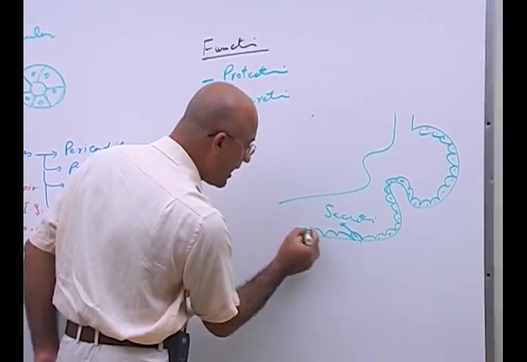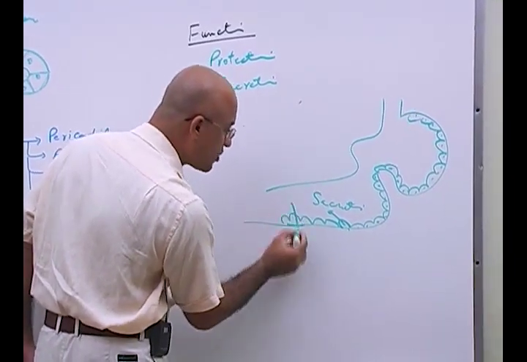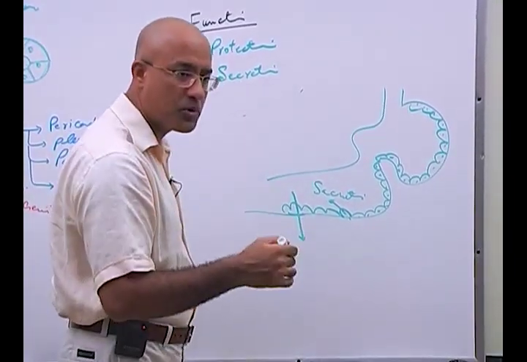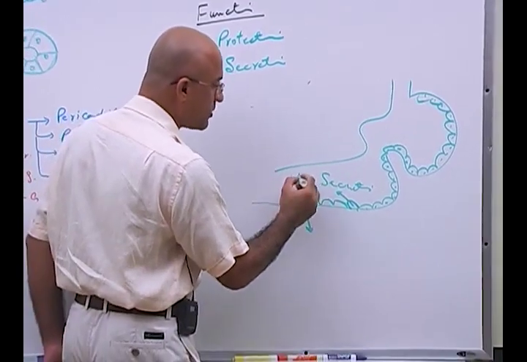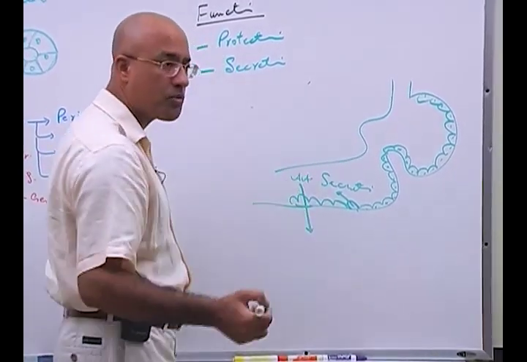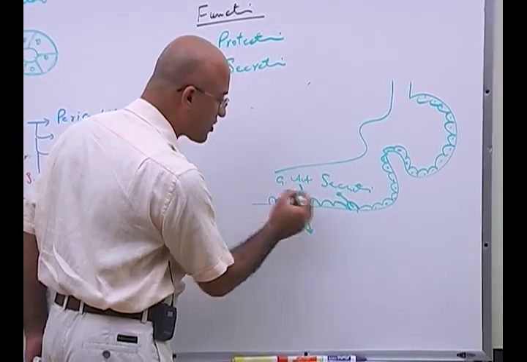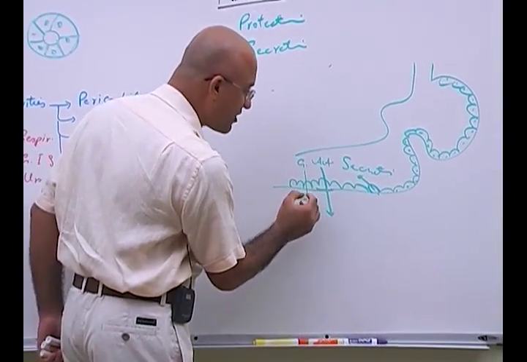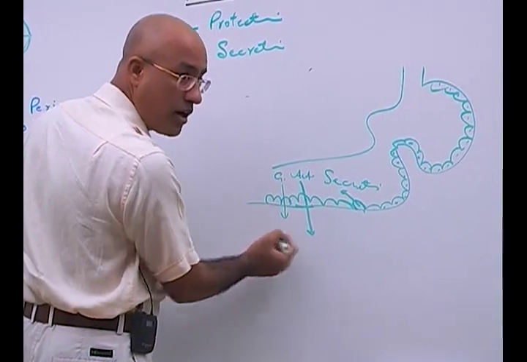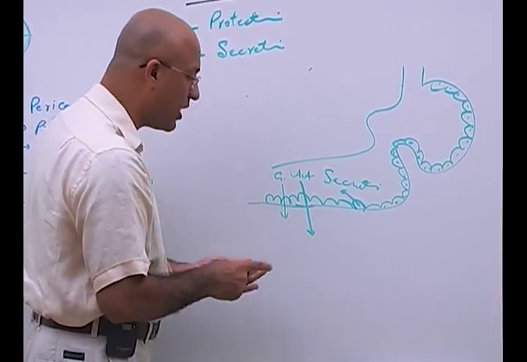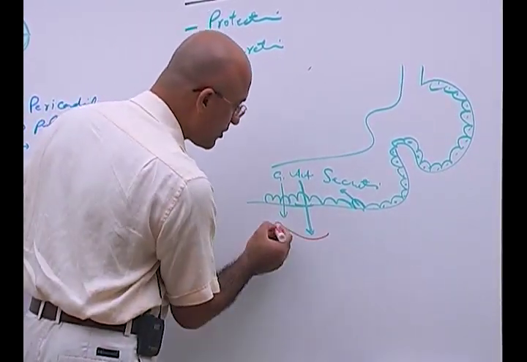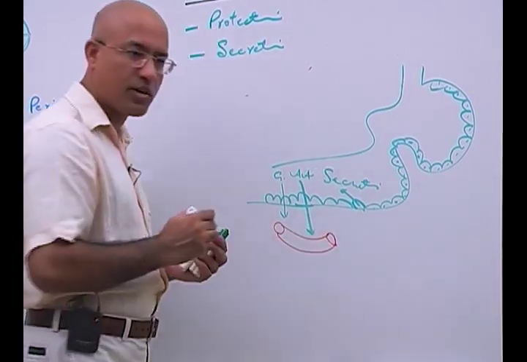Then they also play a role in absorption, that when you are taking food, when proteins are broken down into amino acids or carbohydrates are broken down into glucose, this is taken from the lumen of the gastrointestinal system through the epithelial cells to the connective tissue and circulatory system.